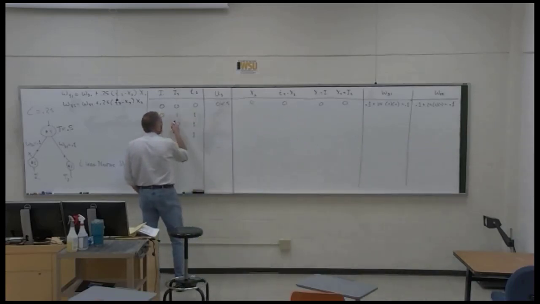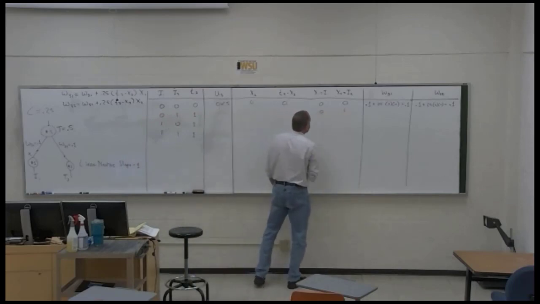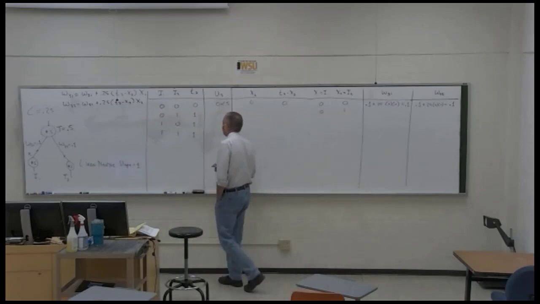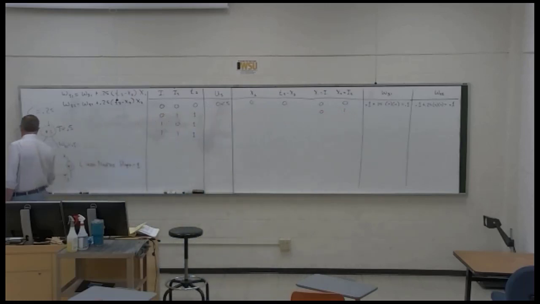On the 0, 1. The 0, 1 goes through. Let's list it here because we're going to need it in the weight update rule. So the 0 going through, so that's why x1 is 0. We have a 1 going through, so we get a 1 out. So that's why x2 is 1.